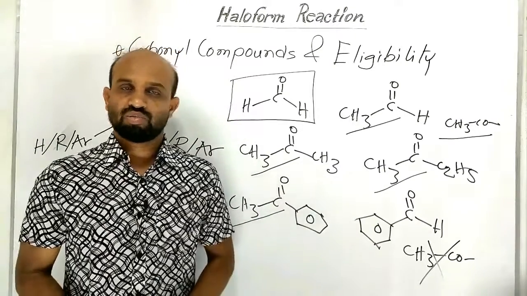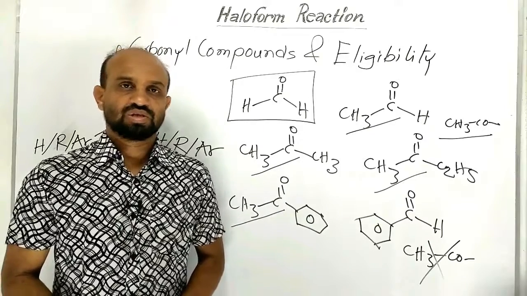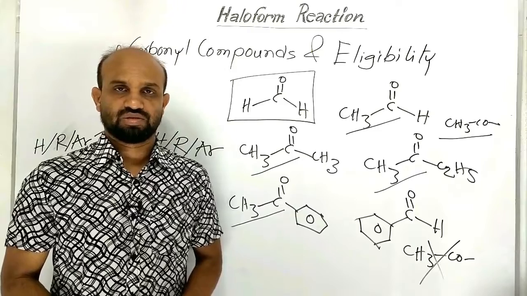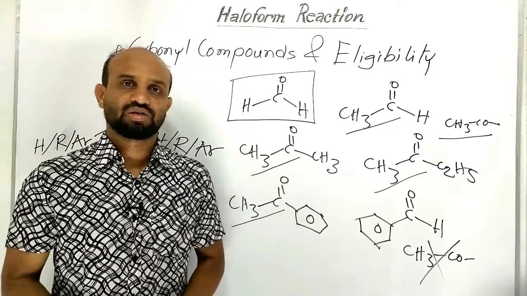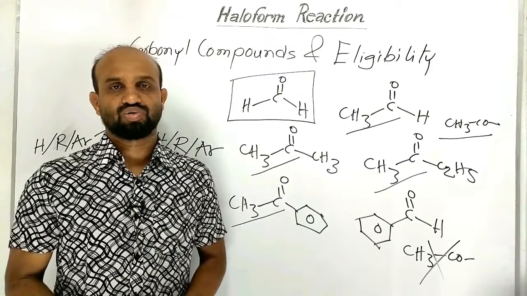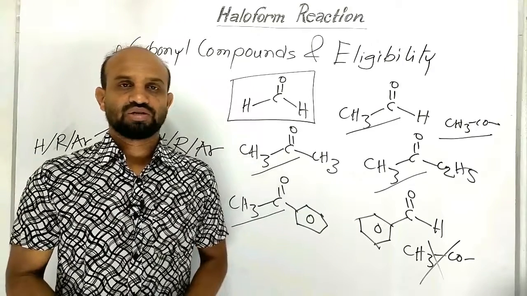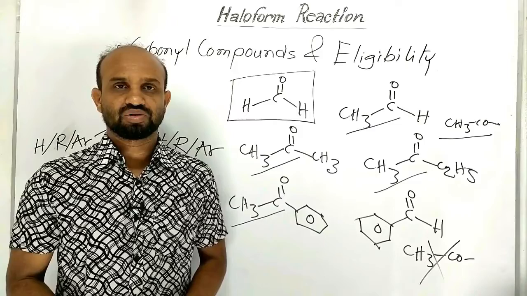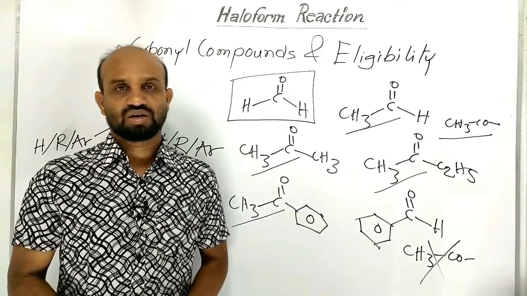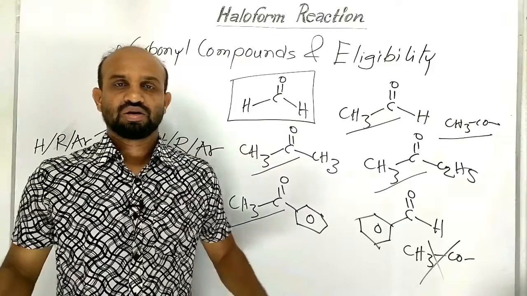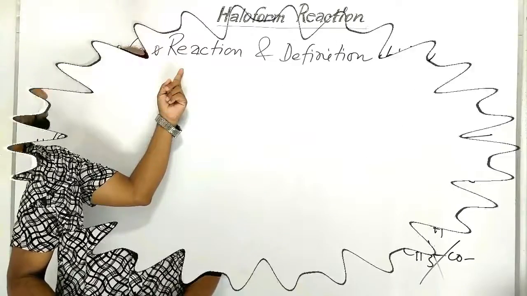Simply, carbonyl compounds with methyl carbonyl group undergo haloform reaction. This is eligibility of carbonyl compounds to undergo haloform reaction. Only the point, carbonyl compounds with methyl carbonyl group undergo haloform reaction. Let's move on to the next point.